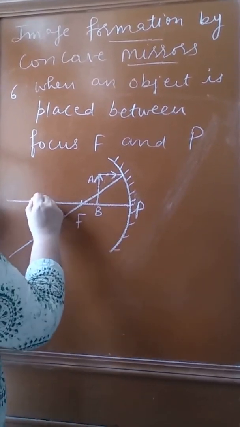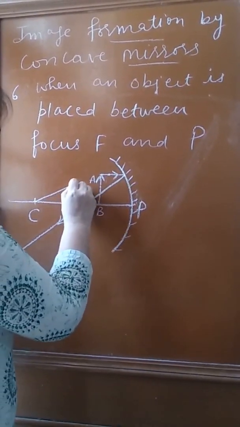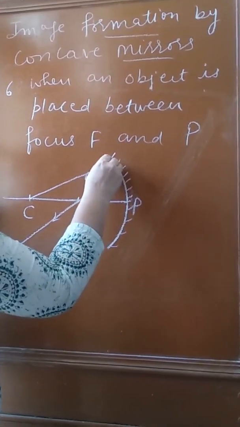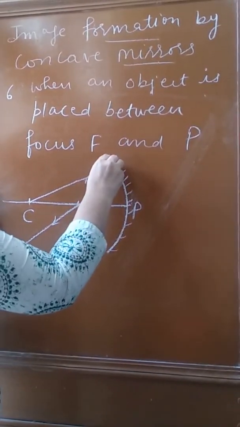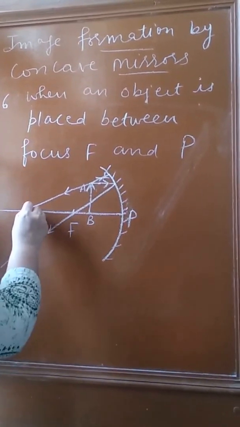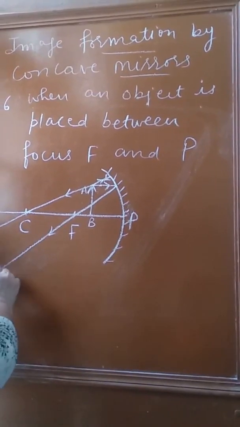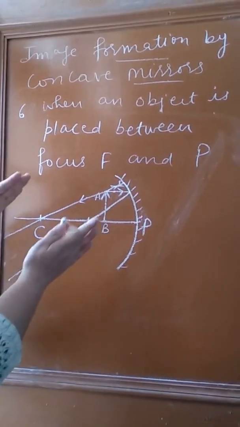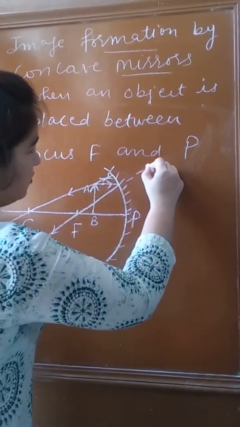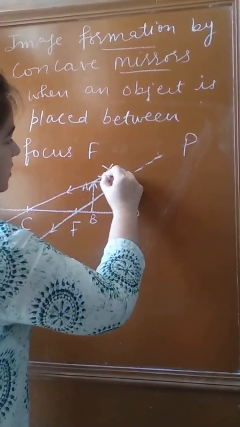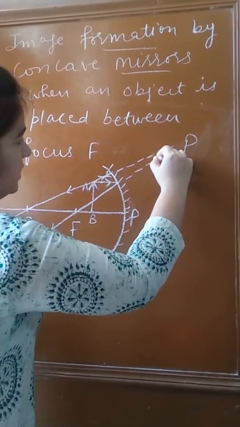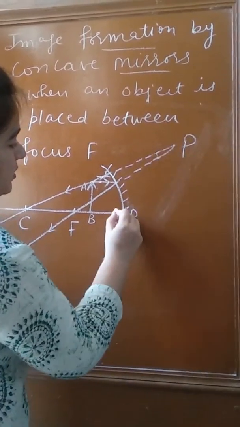Now the second ray from the center of curvature goes in the same direction, reflected back. These reflected rays go away from each other and appear to meet at a point behind the mirror.